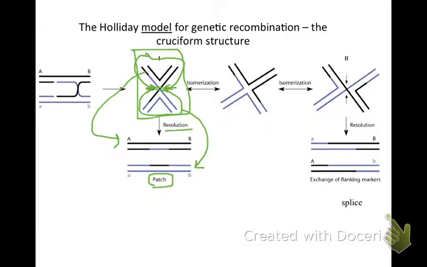And notice that we've only had a small region of the DNA from the blue strand that has joined with the capital A, capital B strand, and conversely the same region of DNA that was originally on the black double-stranded DNA molecule is shown now with the blue DNA. So this is called a patch because it's a very short region that has been exchanged.